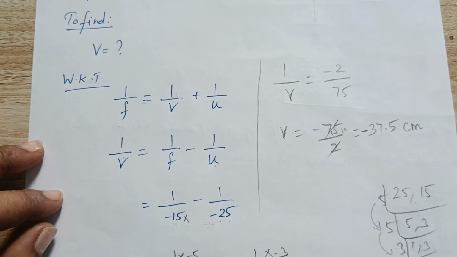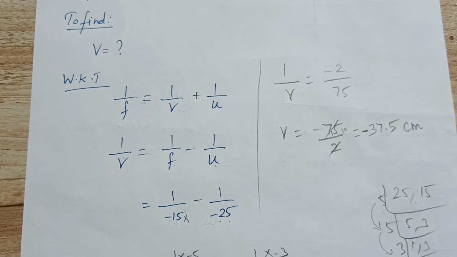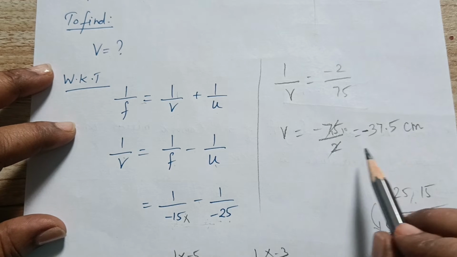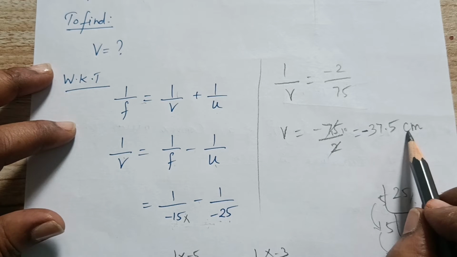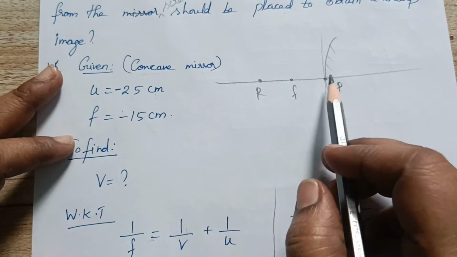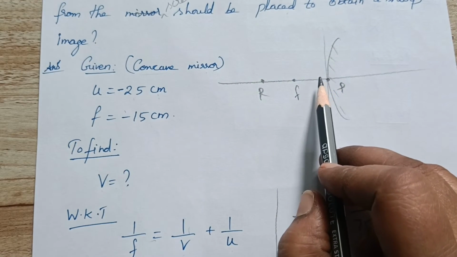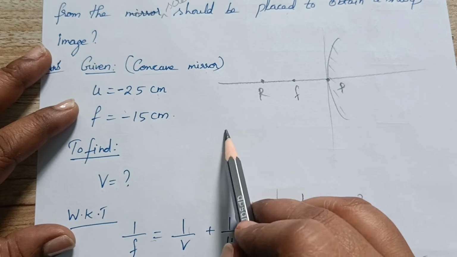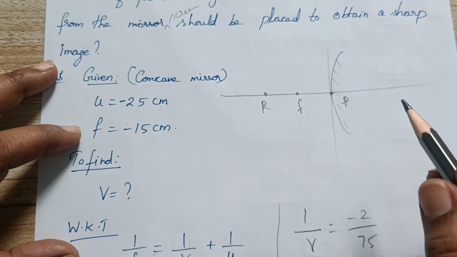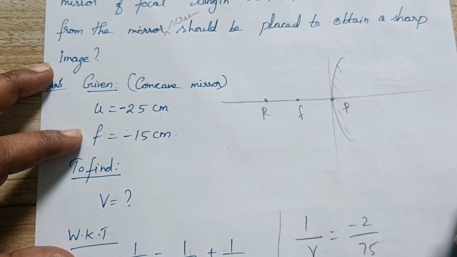So it shows that you know that minus 37.5 centimeter means the image will always lie on the negative side of the x-axis. Somewhere it is lying, that is 37.5.